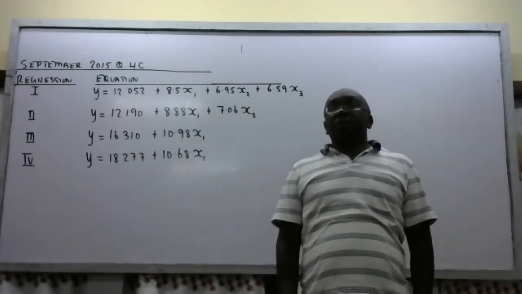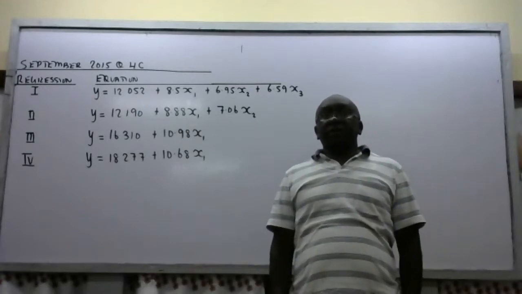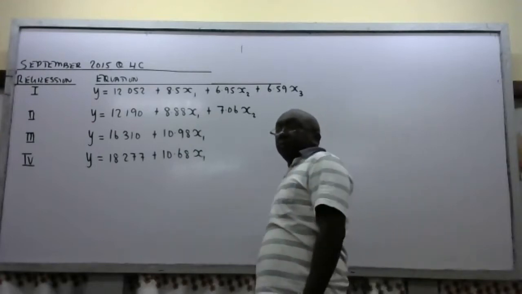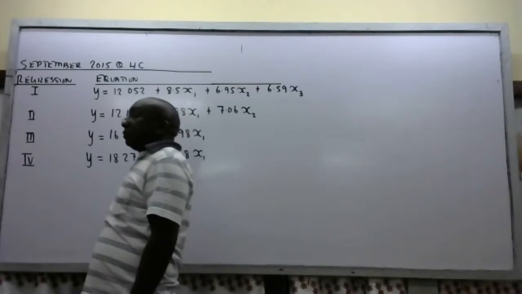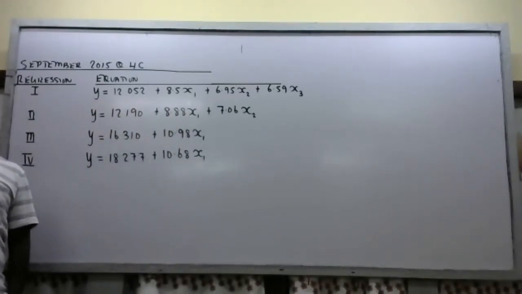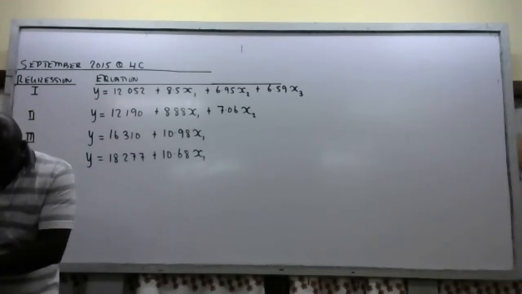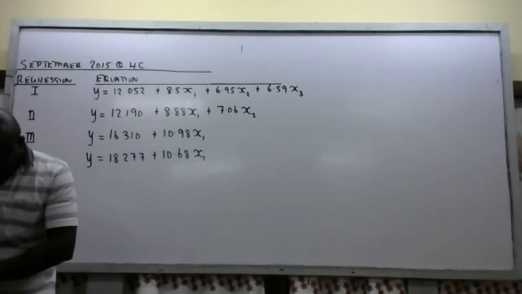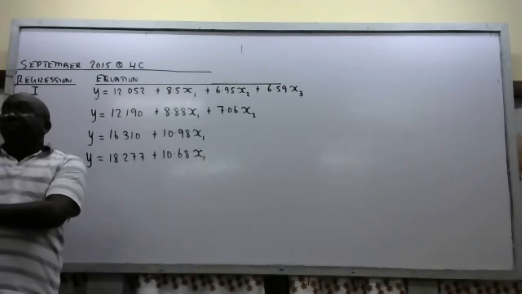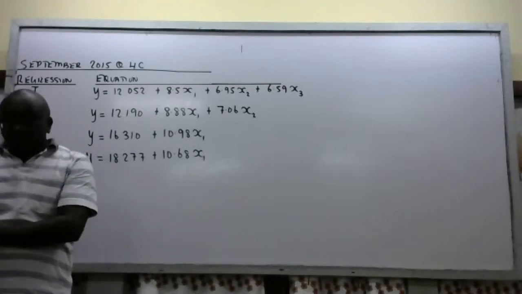So this is a table of coefficients. Then if you look at equation 1, you can see the column of the coefficient, the column of the standard errors and the column of the t value. So take a calculator and do this.